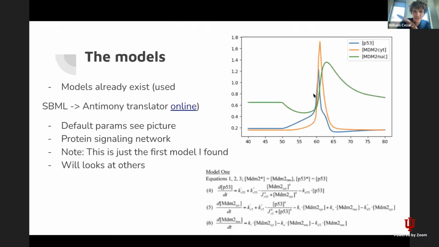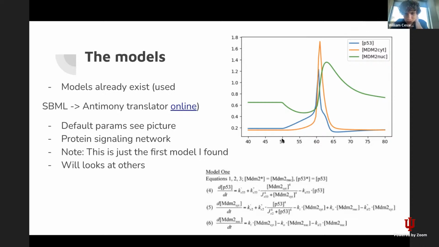So this graph, I should explain it. This is a simple model that I copied from a research paper. It's showing what happens when DNA damage occurs in a P53 MDM2 system.